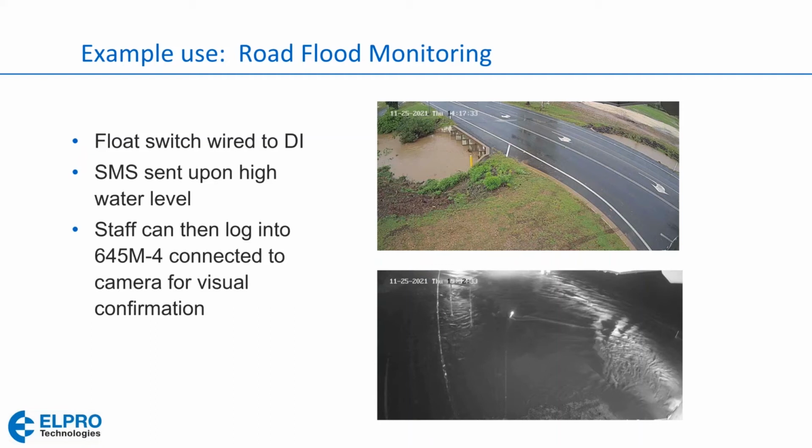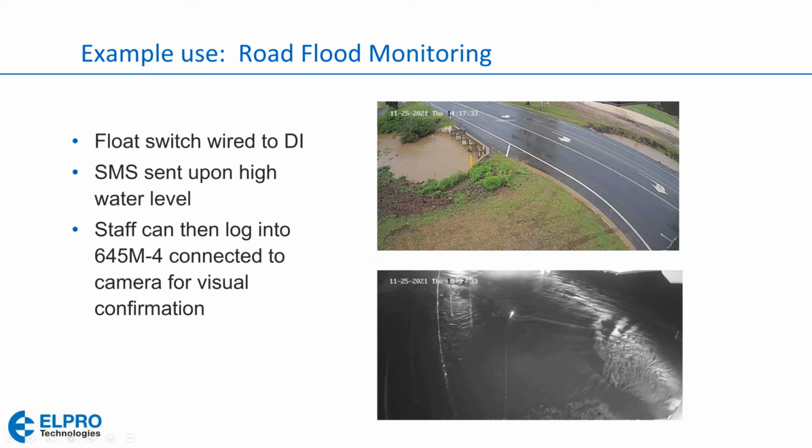What they also did was hook a video camera up to the cellular modem's Ethernet port. They can then log into the camera and get a visual indication of conditions here. If you look at this one, this is quite recent, just a week or so ago.